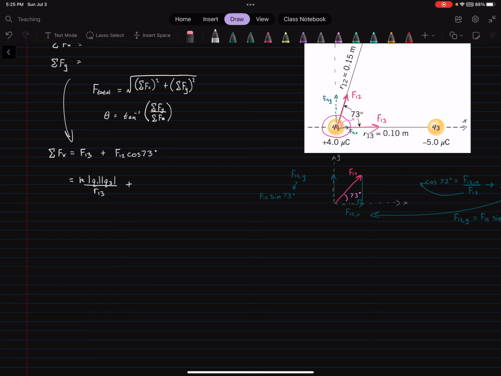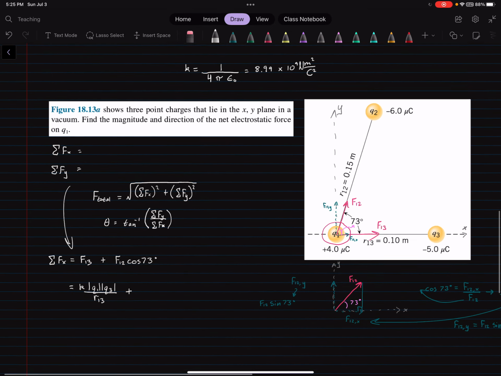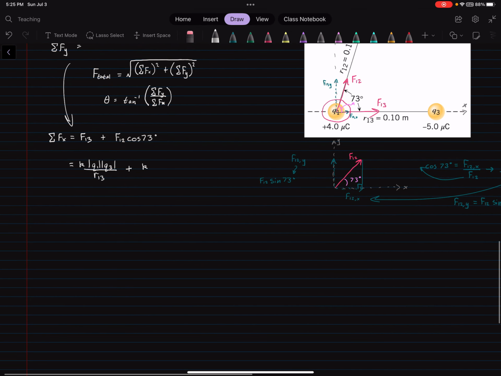Plus F12 is going to be a similar thing: k q1 q2 divided by r12 now. And that one, it's just the component that lies along that direction that we're counting. So we have to include this cosine 73 to make sure that we're only capturing the component of that force, F12, that lies in the x direction.